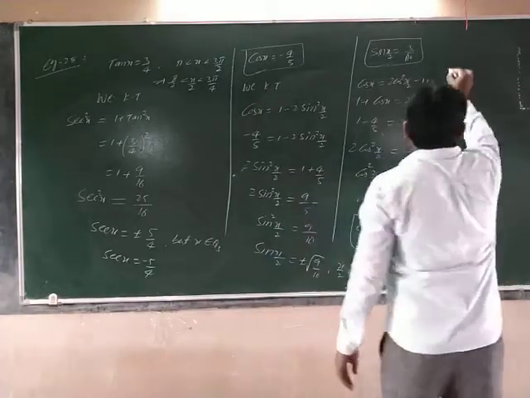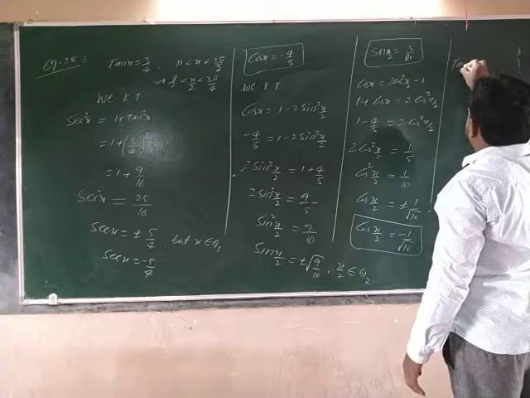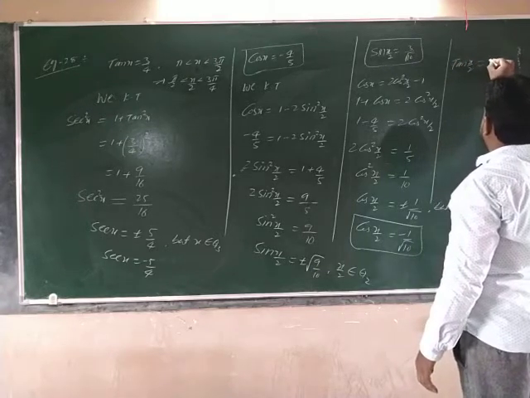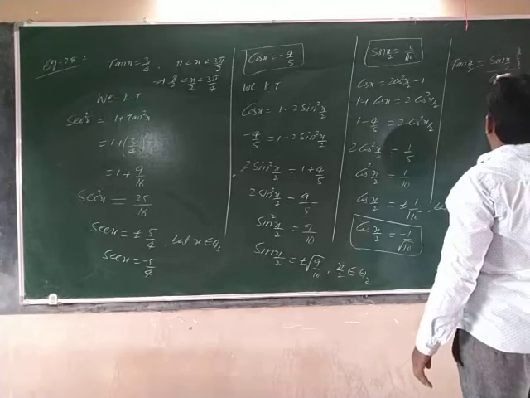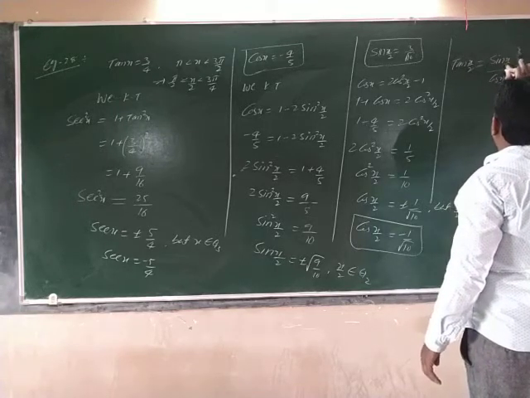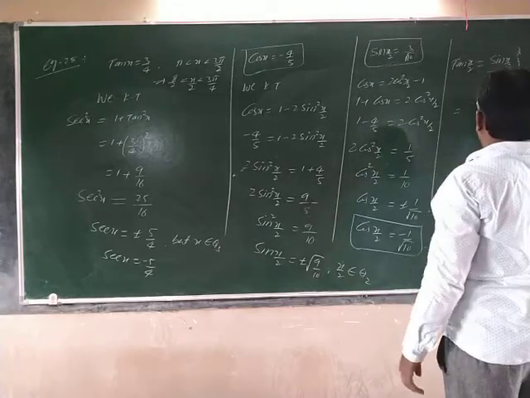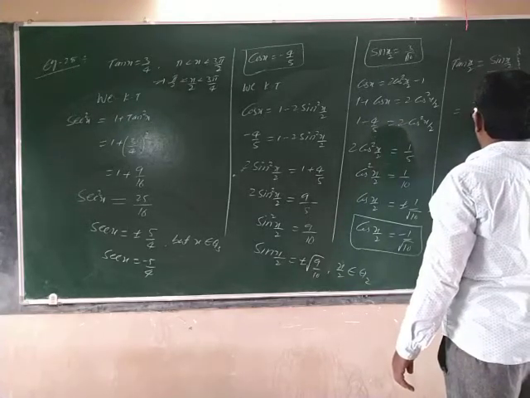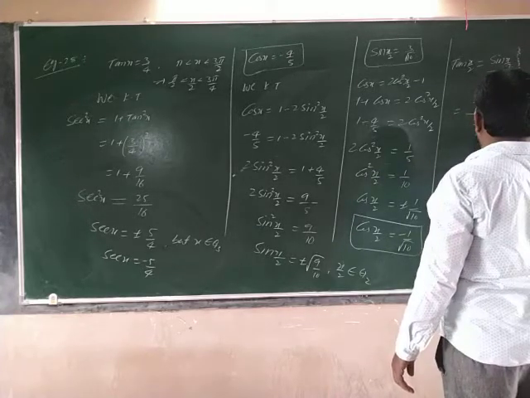Next, tan x by 2. Very simple: sin by cos. Tan x by 2 is equal to sin x by 2 divided by cos x by 2. Sin x by 2 value is 3 by root 10. Cos x by 2 value is minus 1 by root 10.